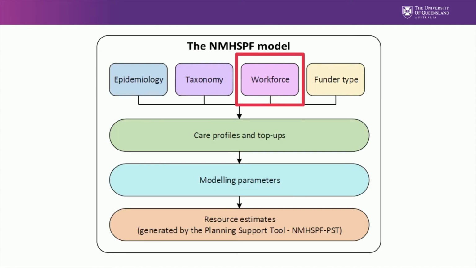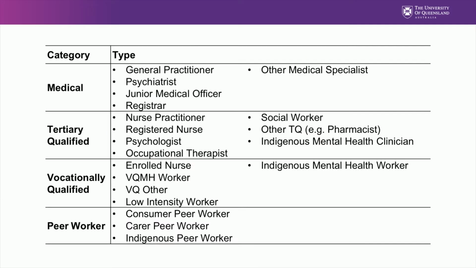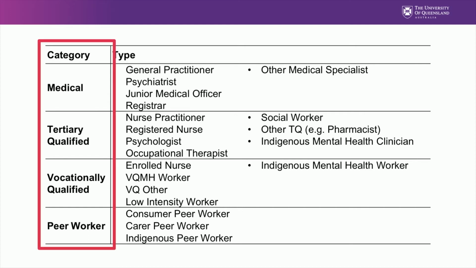Next, details about the workforce required to deliver each service accompany the service elements and activities. This information is needed to produce resource estimates. In the framework, workforce is broken down into categories and types. Workforce categories are broader and include the professions medical, tertiary qualified, vocationally qualified, and peer worker.